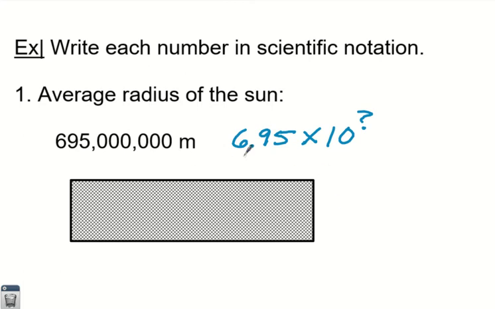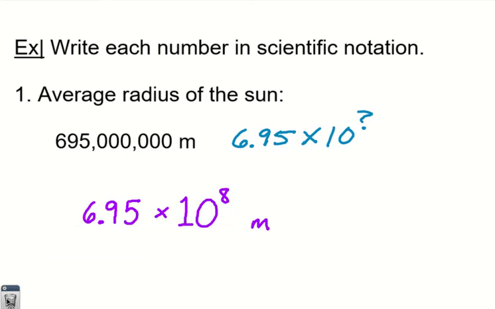That's what you've got to figure out: 6.95 times 10 to the what power gets you this? Well, you'd be moving the decimal point to the right. 1, 2, 3, 4, 5, 6, 7, 8.